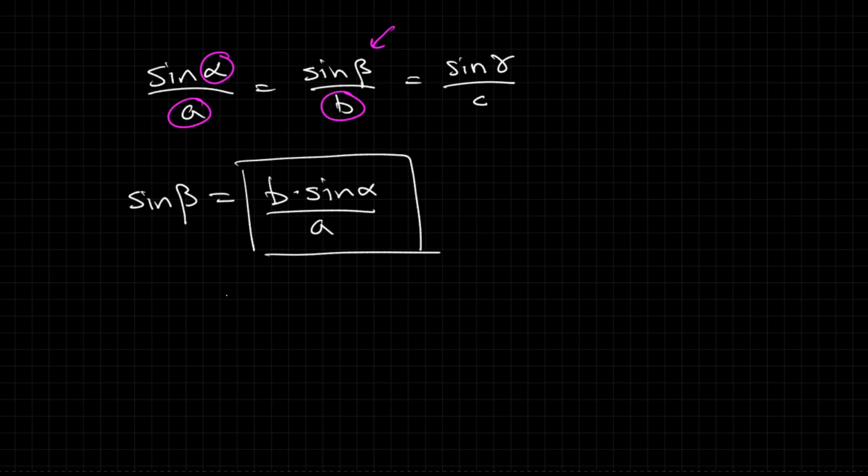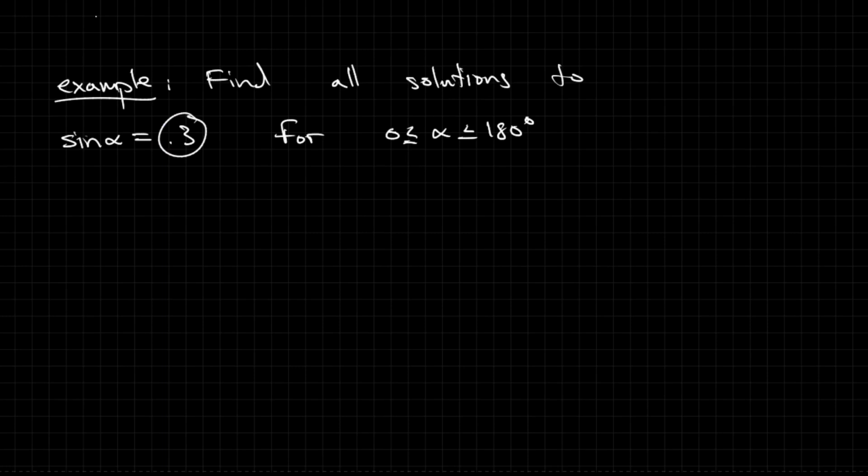It would be some number. So we need to know how to solve sine beta equals some number. I'm going to show you how to do this in an example, although I've called the angle alpha, with the restriction that alpha has to be between 0 and 180 degrees.